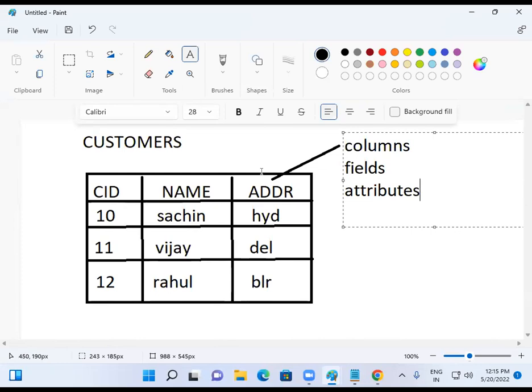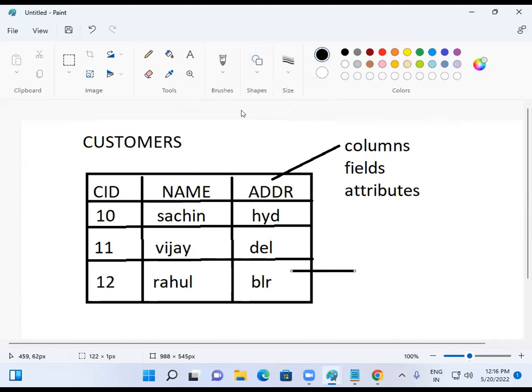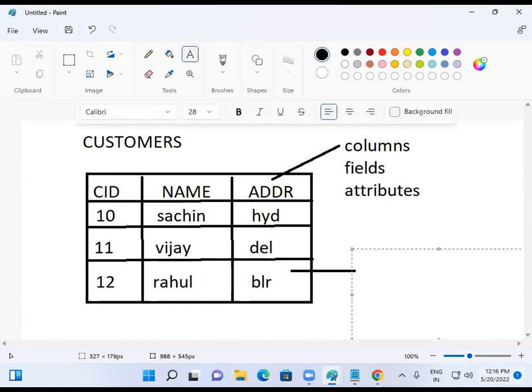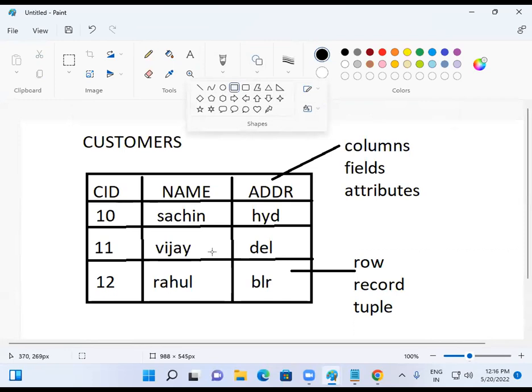Then what are these horizontals called? This horizontal is called a row, or a record, or a tuple. So the verticals are called columns, fields, or attributes, and the horizontals are called rows, records, or tuples. In this table, how many records are there? 3 records.